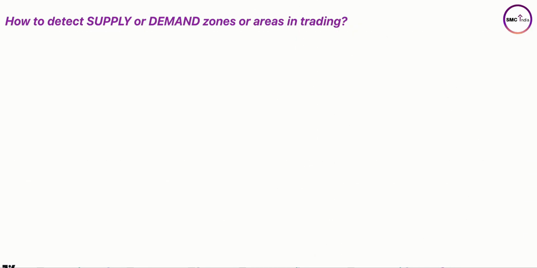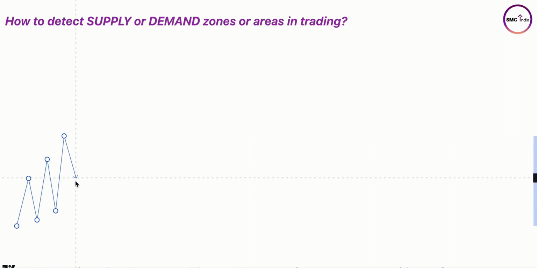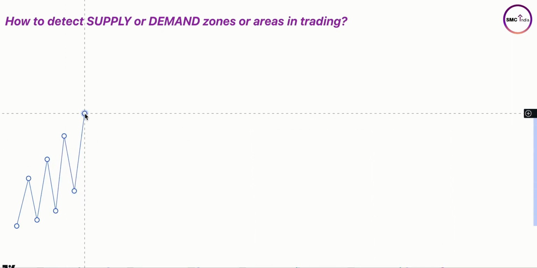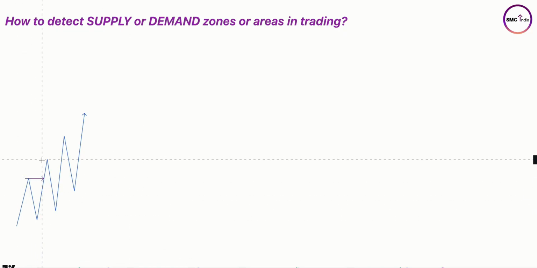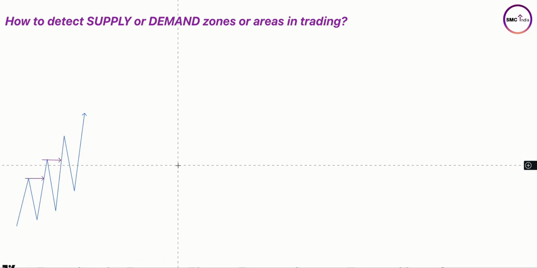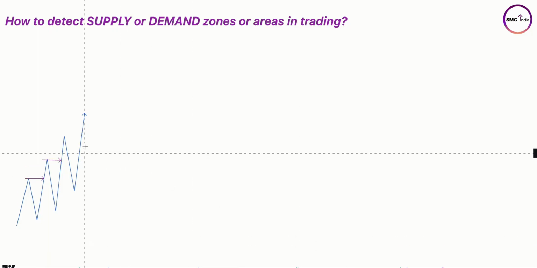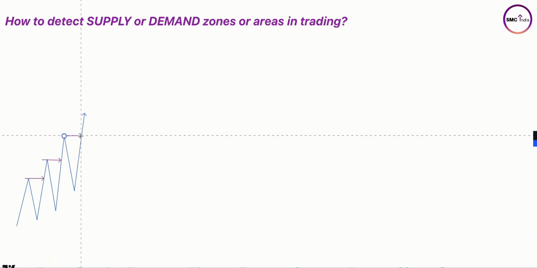So first, coming to demand. When the price rises up like this, what happens is that it breaks the higher highs, showing that it is in a bullish trend.